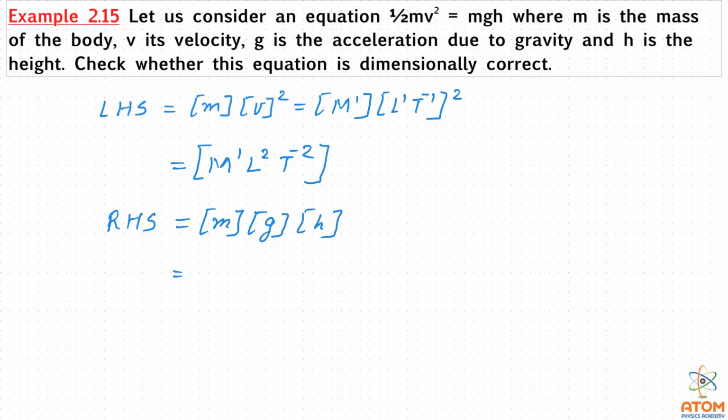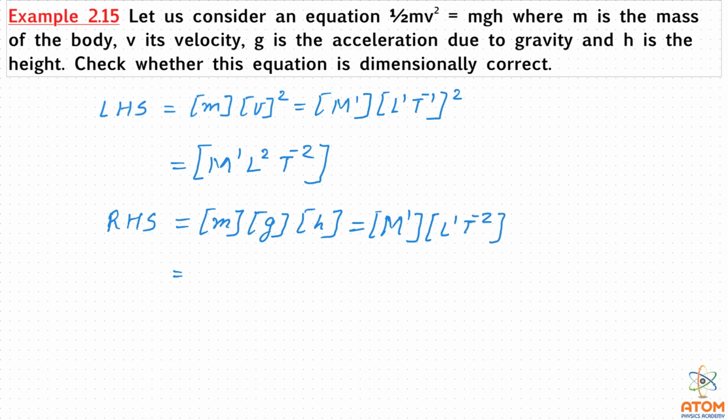Now the dimension of mass is M¹. Gravitational acceleration is again one sort of acceleration only, and for acceleration the dimensional formula is L¹T⁻².